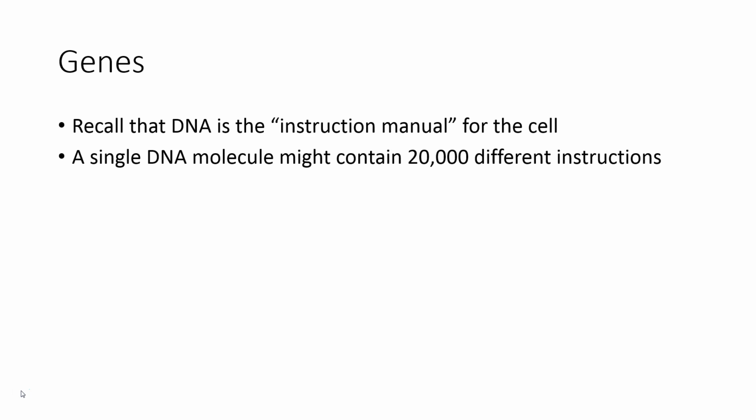Now, these instructions can be instructions that are really common to almost all living things, such as an instruction for how to use an oxygen molecule to extract energy out of sugar. So that means molecules that govern the process of cellular respiration. DNA will code for that. It will carry instructions for that.